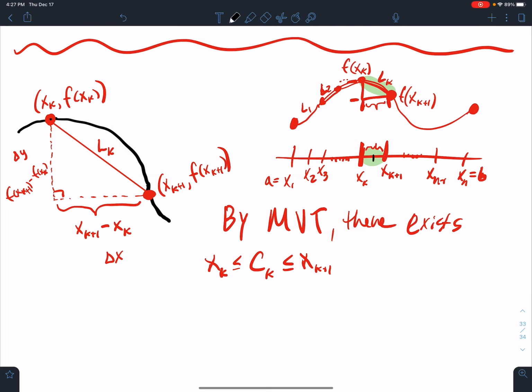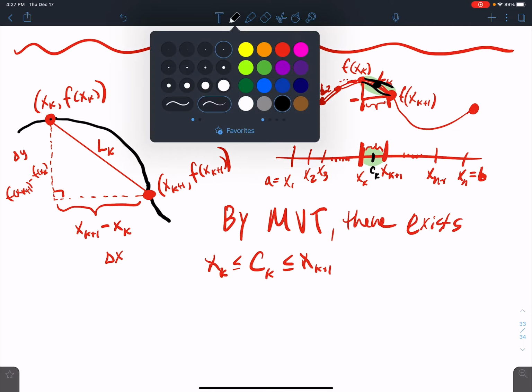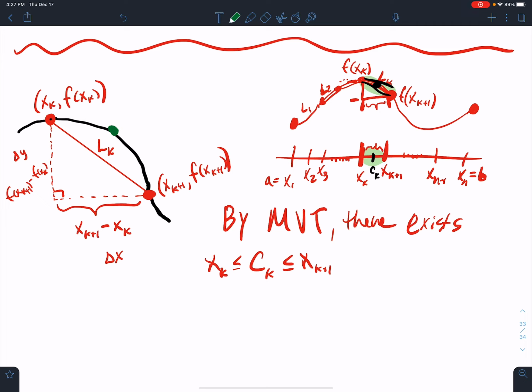There's some ck value such that whenever I plug in ck, it has the same slope as this lk line. Would it make sense that there's some ck value that whenever I plug it in, it has that same slope?